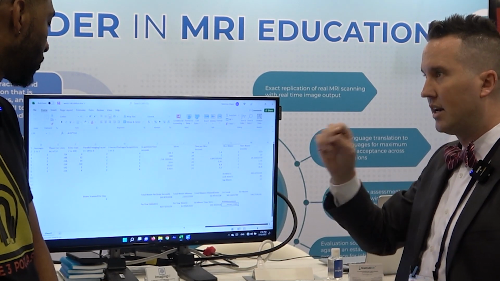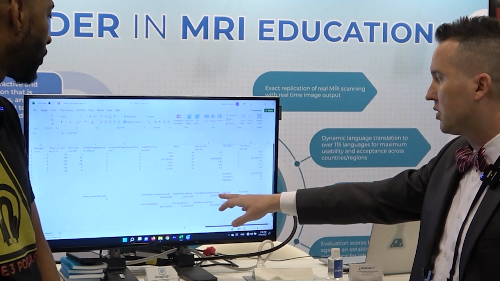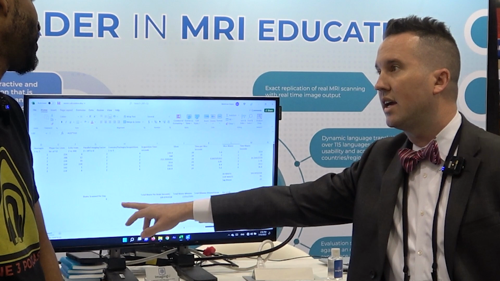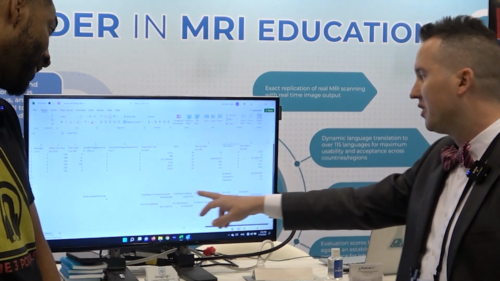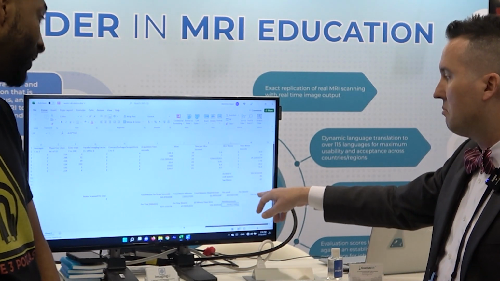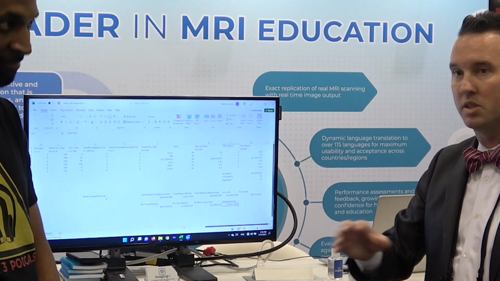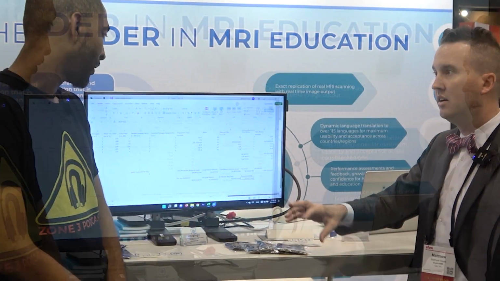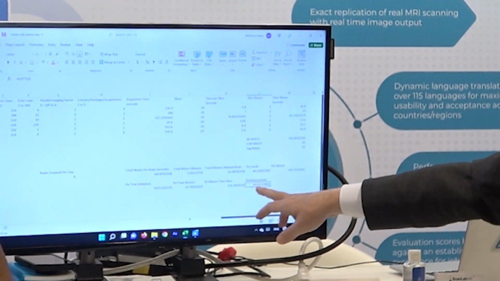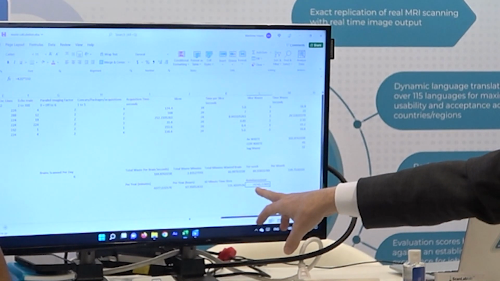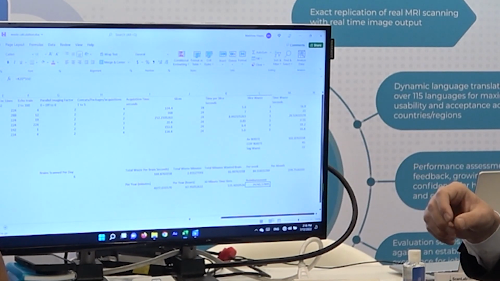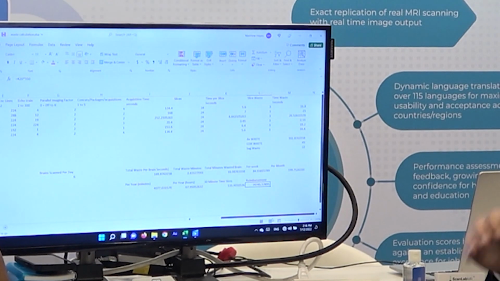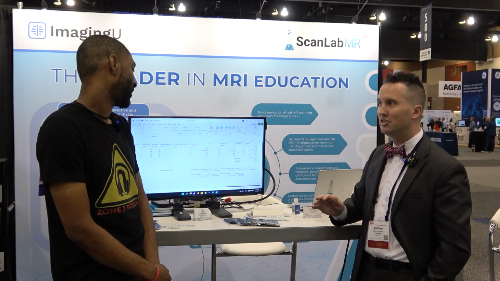Not a big deal if you look at it one by one. But when you start to look at it, if we're scanning 6 patients a day, all of a sudden, per week, per month, and we take your reimbursement, which is proprietary that we keep secret, we can tell you this person will cost you $74,000 in billable time by scanning 3 slices too many just in the brain.